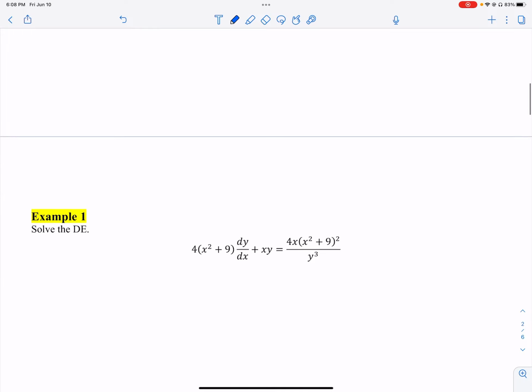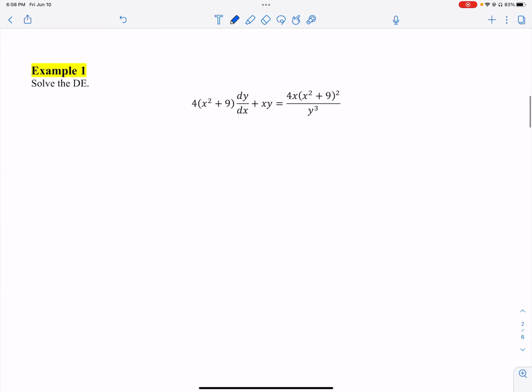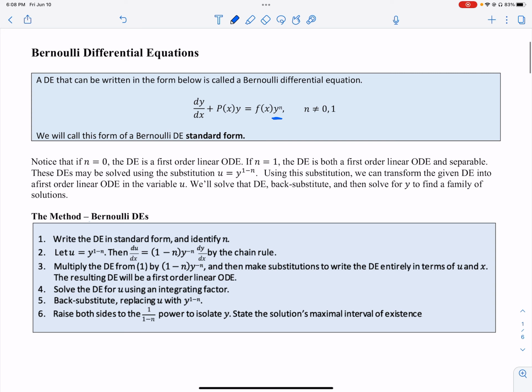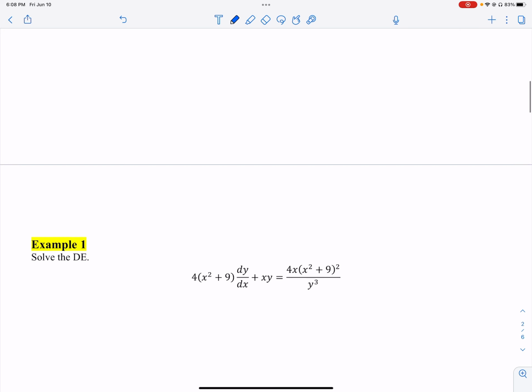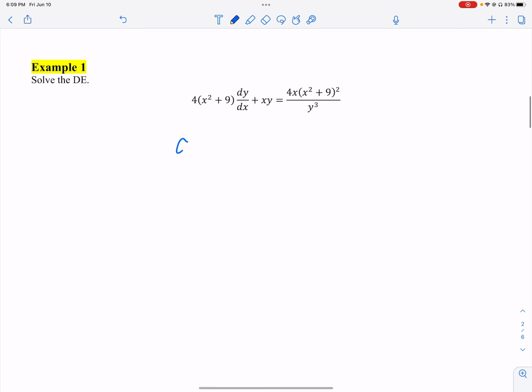All right, so this first example, I can't tell what it is just looking at it, because it's a bit different than the form above. The form above has dy/dx by itself, so I'm going to get that by itself first. I'm dividing everything by that 4, so I get dy/dx plus xy over 4x squared plus 9.